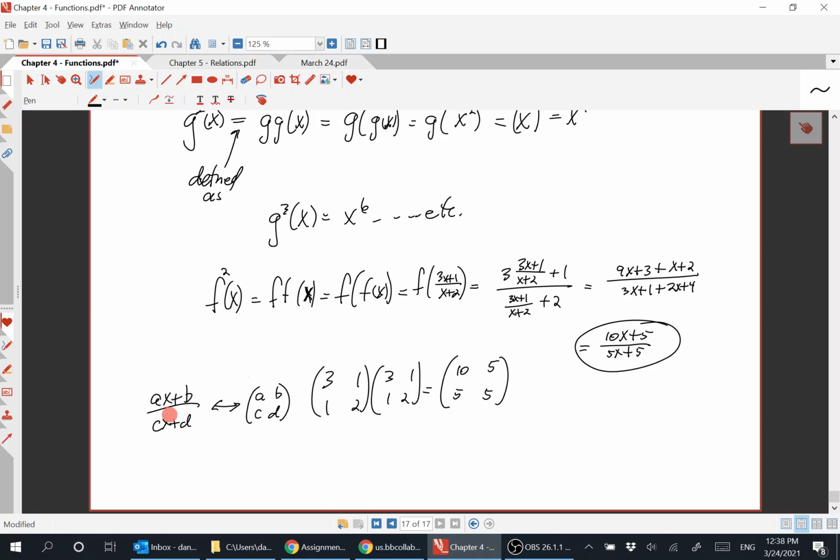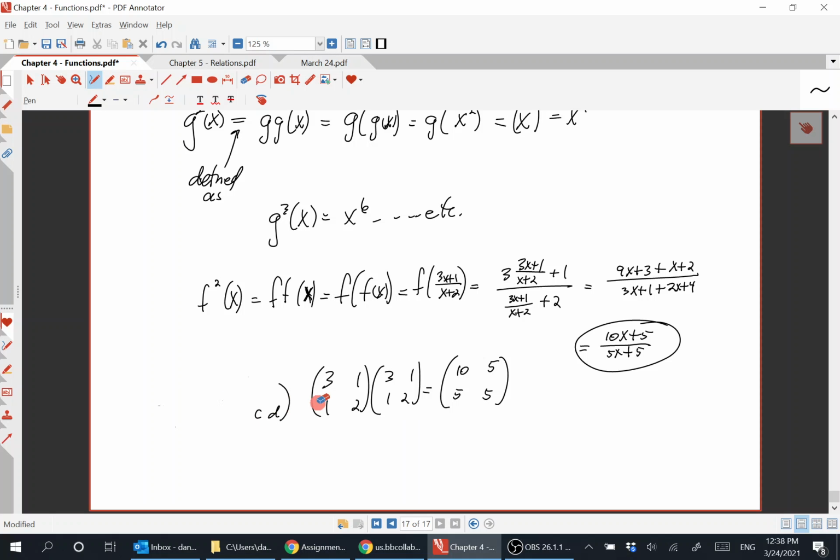It's pretty cool, a nice connection between matrices and rational functions. And the geometric properties of those types of functions, when you look at them over the imaginary numbers, are even more interesting. But that's just a side note.